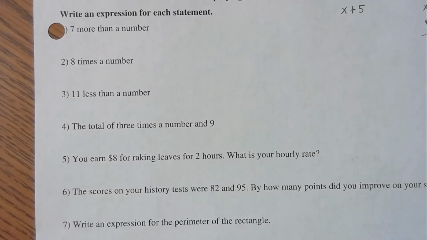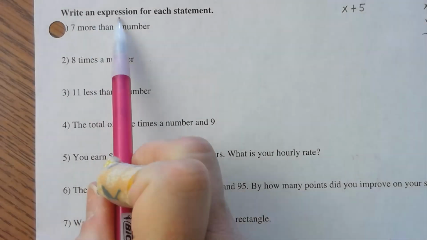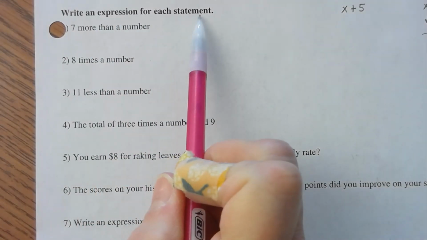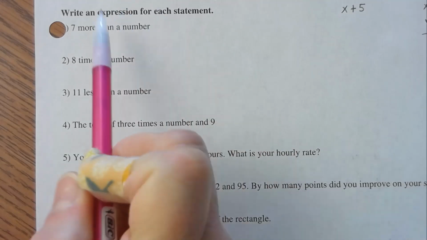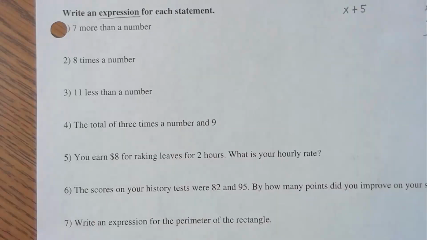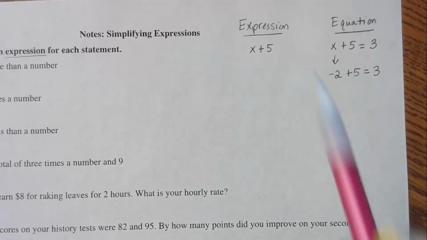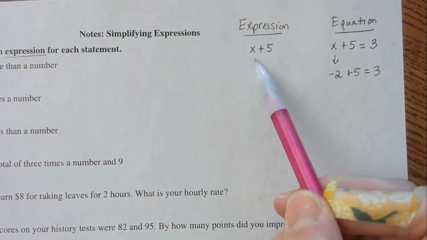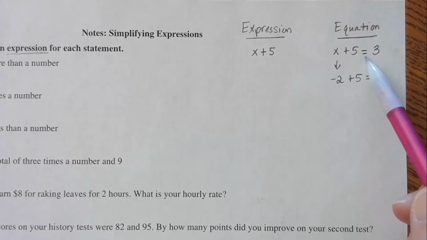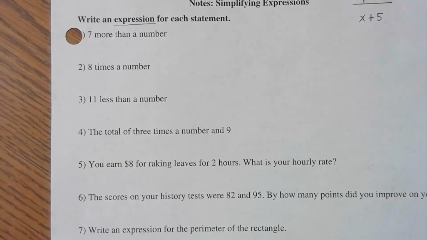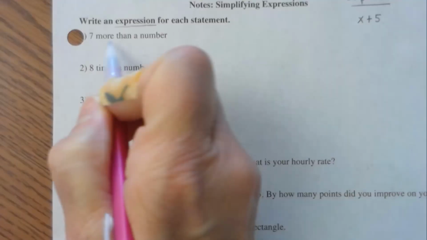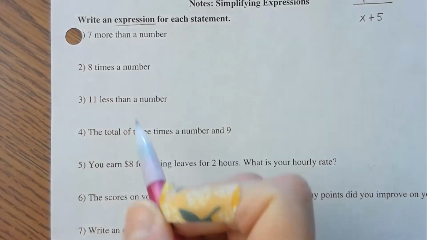For the first few examples, we're going to write an expression for each statement. We're going to change the words into math symbols. Remember, an expression looks something like this. There is no equal sign. 7 more than a number.